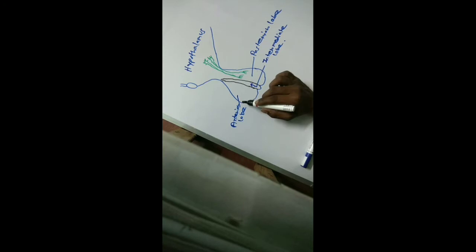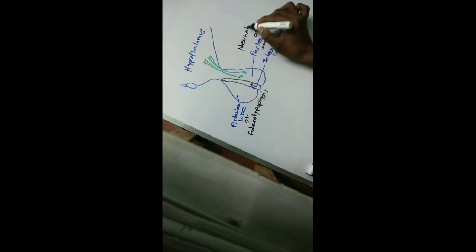The anterior lobe of pituitary is also called adenohypophysis. And the posterior lobe is also called neurohypophysis.